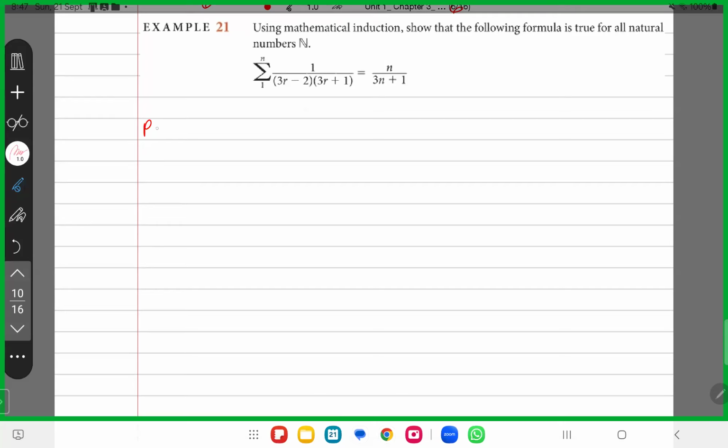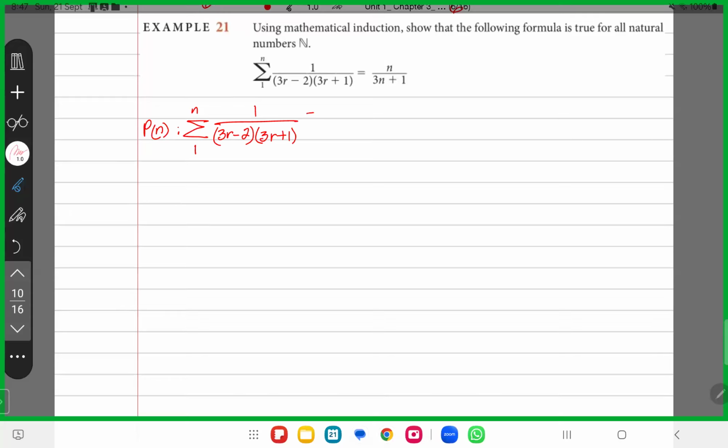So Pn is the statement: the sum from r is equal to 1 to n of 1 over 3r minus 1, 3r minus 2 over 3r plus 1.